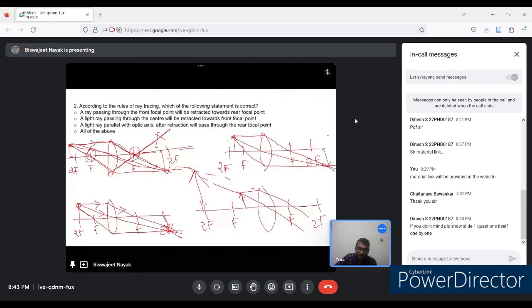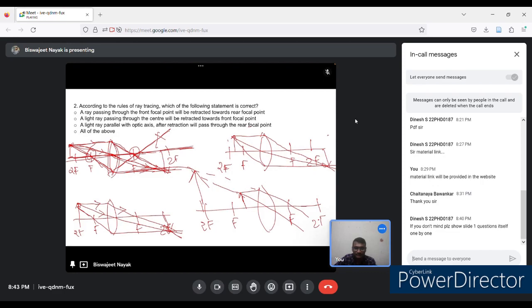Another rule is that when a ray passes through the center of the lens, through the optical axis, it will pass as it is and will not deviate. And when a ray passes through the focus and then through the lens, it will pass parallel to the optical axis. This optical axis basically passes through the center of the lens.